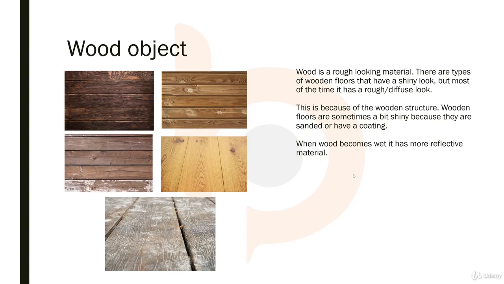So how does it work with wood, for example? On the right you can see an explanation, but to give you some information about how wood looks, you need to know that wood can look shiny and it can look rough.